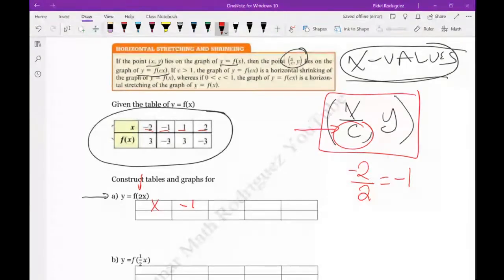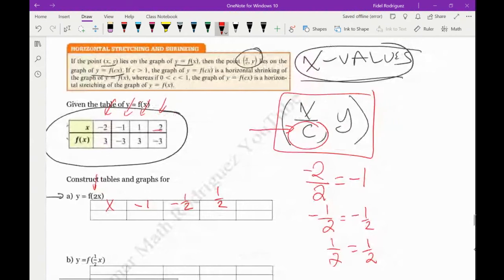My X values are changing, right? Okay, let's do the second one. -1 divided by 2, can't divide it, still -1/2. Okay, let's take the third one. 1 divided by 2, I can't do it, it's just 1/2, right?